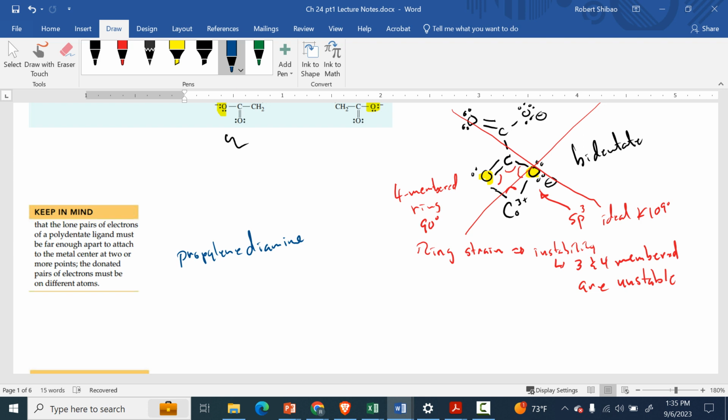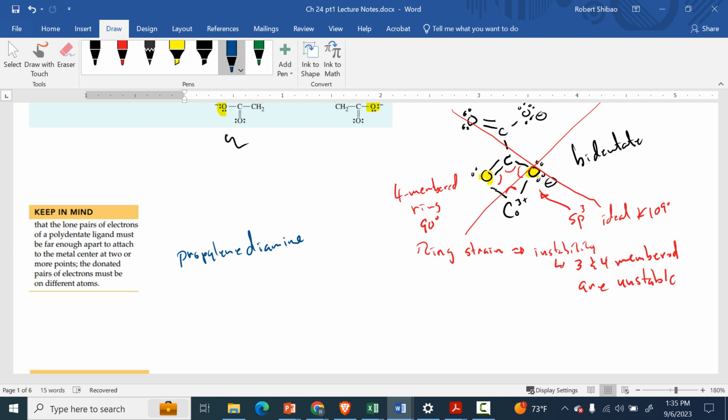Meth is 1 carbon. Eth is 2 carbons. What's 3 carbons? This is back in chapter 3, if you want to review. Meth, eth, prop. Prop is 3 carbons.